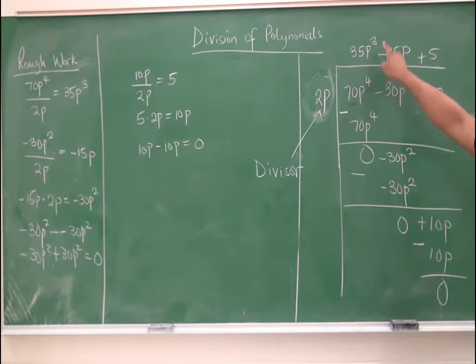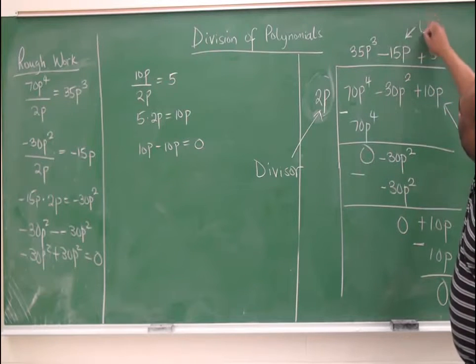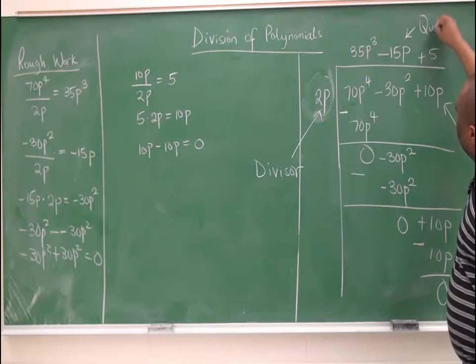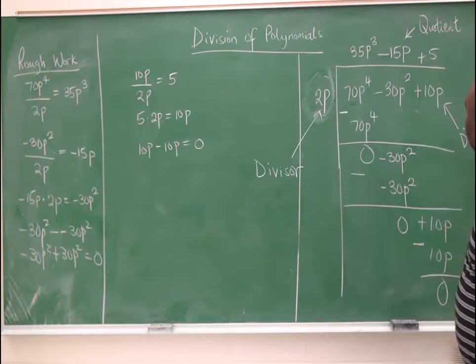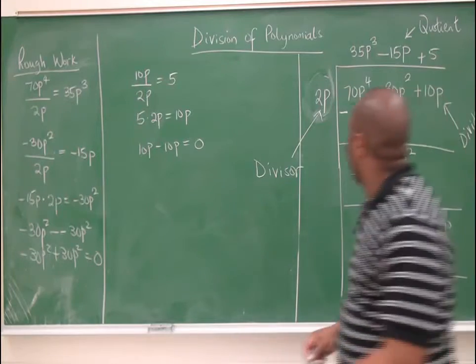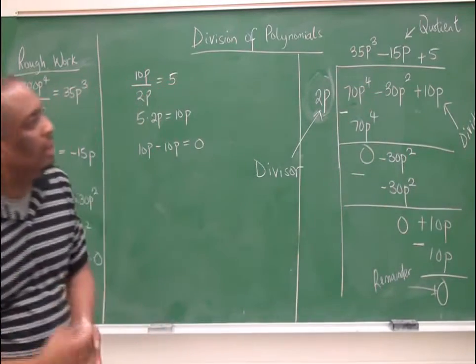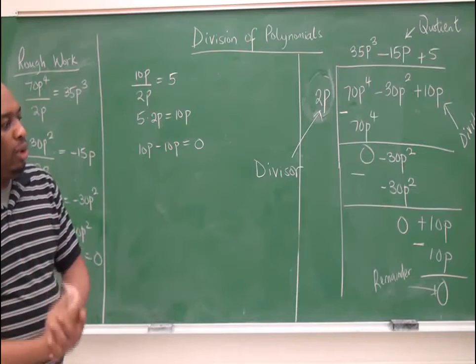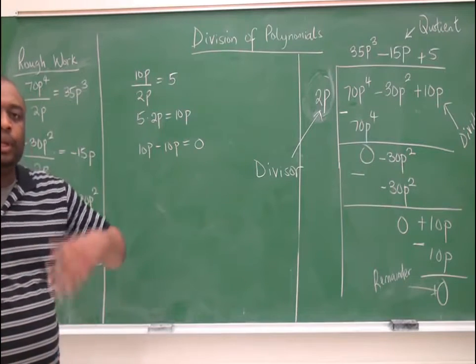Then 35p cubed minus 15p plus 5 is what we call the quotient. And then 0 here is what we call the remainder. So we have the divisor, the dividend, the quotient, and the remainder.